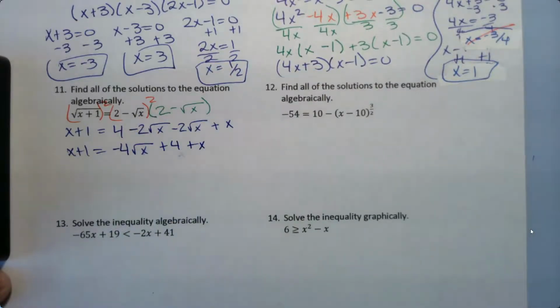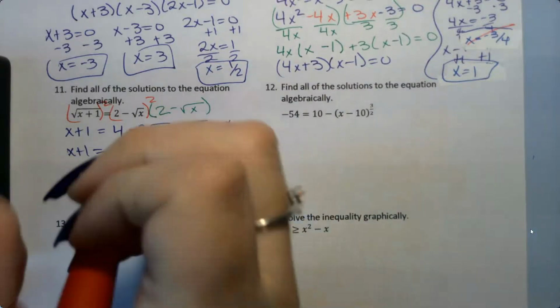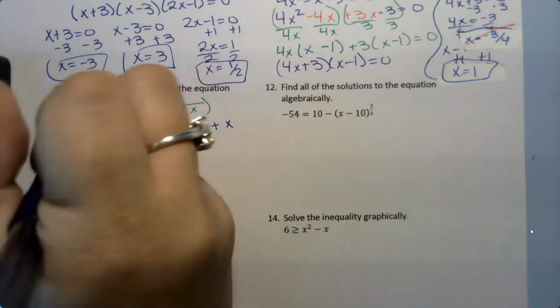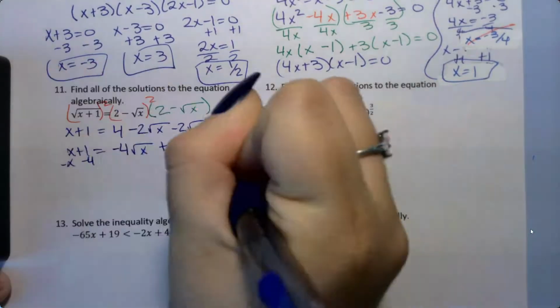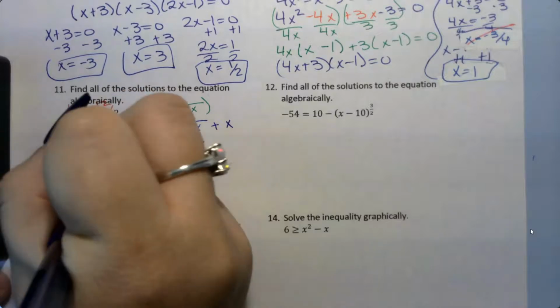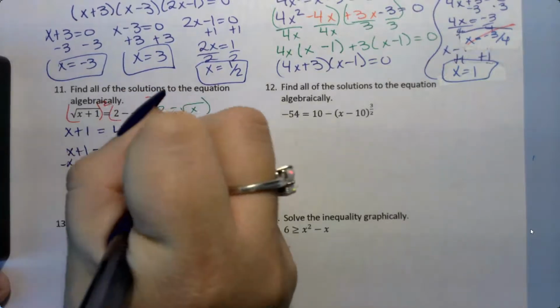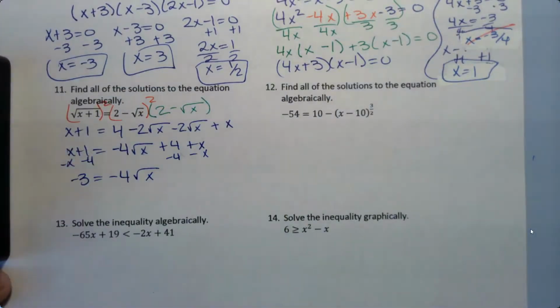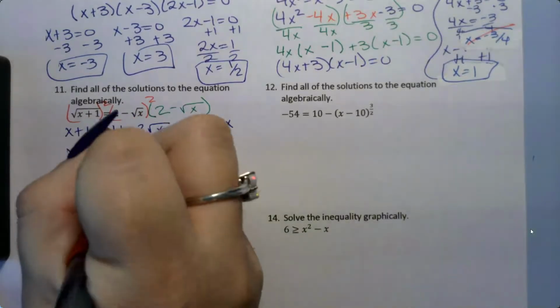I want to go ahead and subtract from both sides. So I'm going to subtract the x and subtract the 4. So the x's cancel out, and I just have negative 3 equals negative 4 square root of x. I want to go ahead and square both sides since I just have a number out front and a value on the other side. So I square.